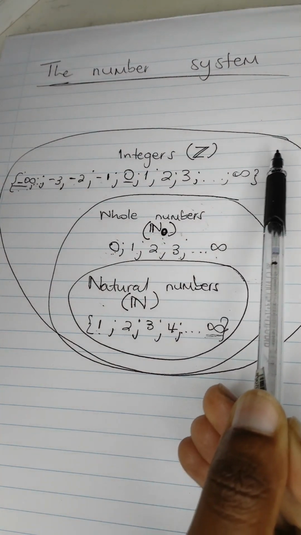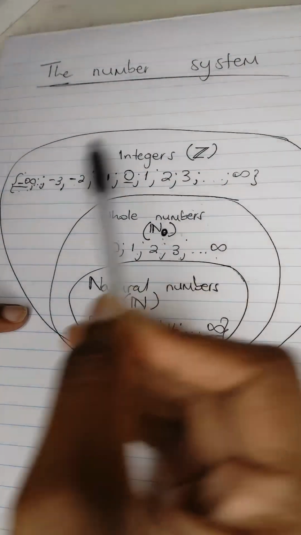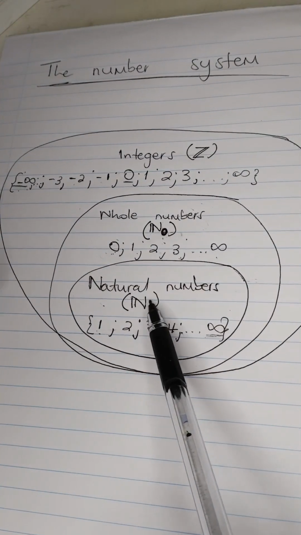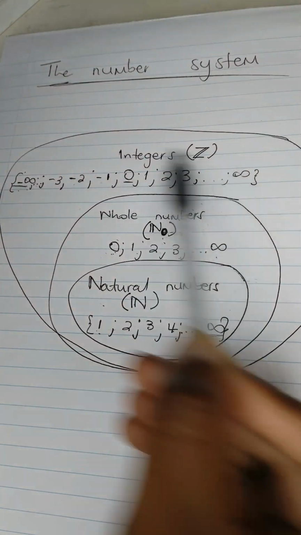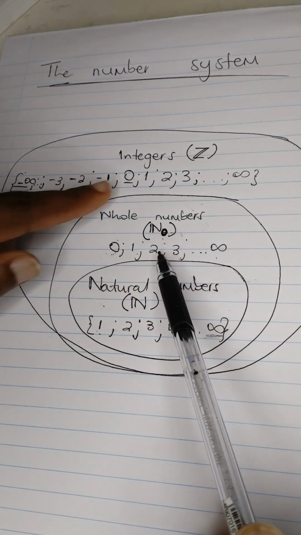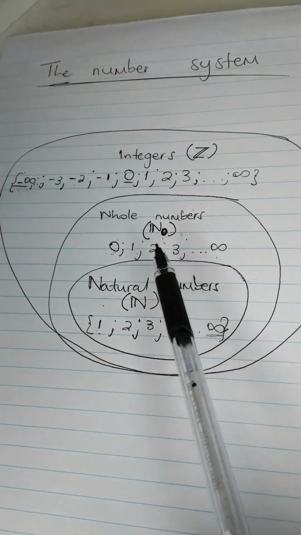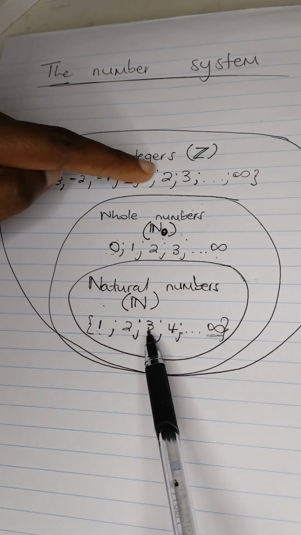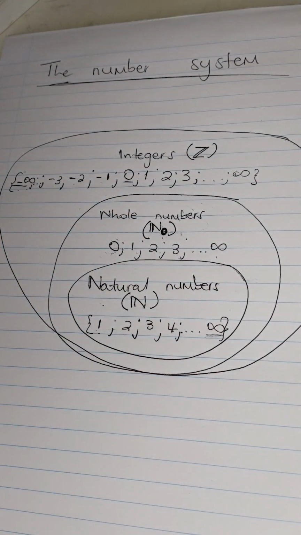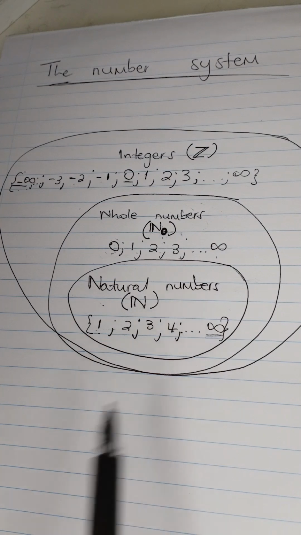Then integers: inside the integers circle we have whole numbers and natural numbers, meaning that in integers you will find whole numbers. Same thing, in integers you will also find natural numbers: 1, 2, 3. That is what this diagram means.